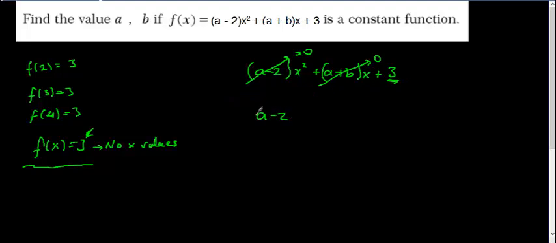So a minus 2 is equal to 0, a is equal to 2; a plus b is equal to 0, 2 plus b is equal to 0, b is equal to minus 2. If the function is constant, there shouldn't be any x value.